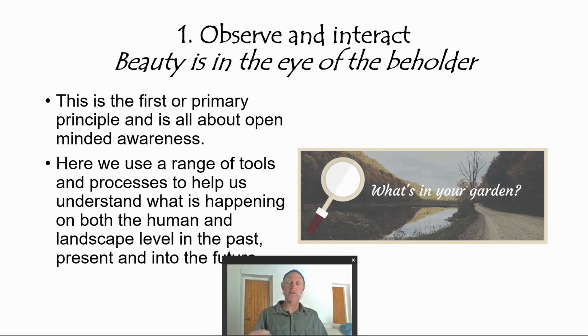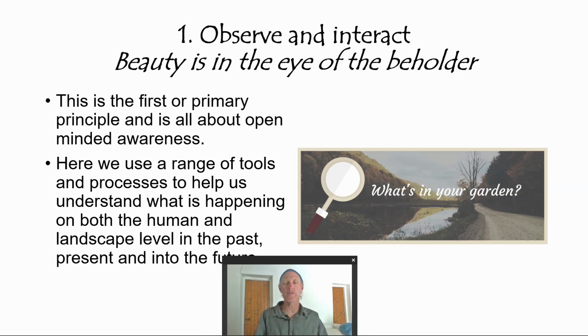Okay, and so this principle is all about awareness, being aware of what is happening to us in the present moment, being aware of our surrounds in the present moment. Okay, because that is what is going to be required if we're going to build knowledge of our context. And because we're dealing with human and natural systems, we're dealing with subject matter that's technically infinite and can be extremely complicated and confusing.